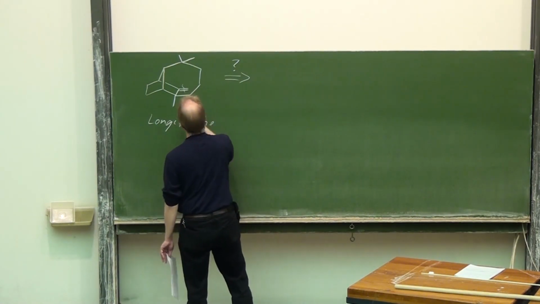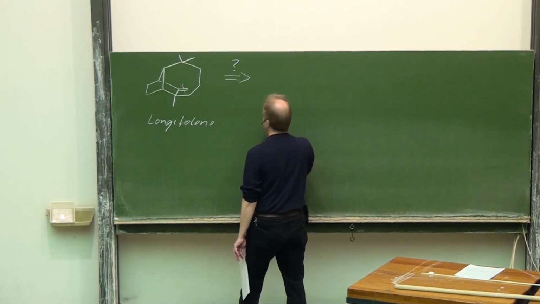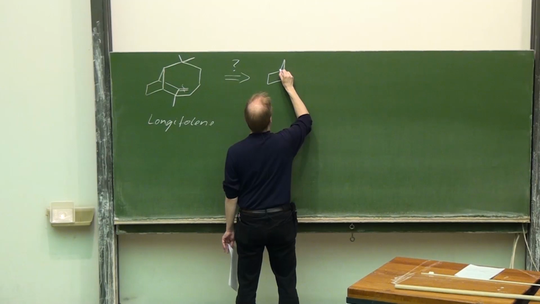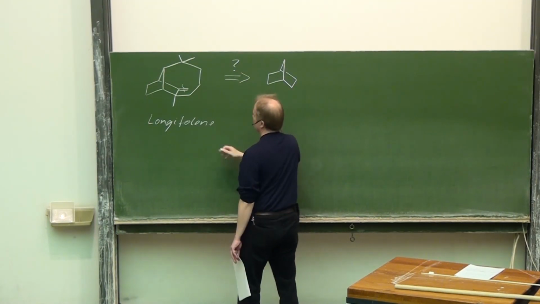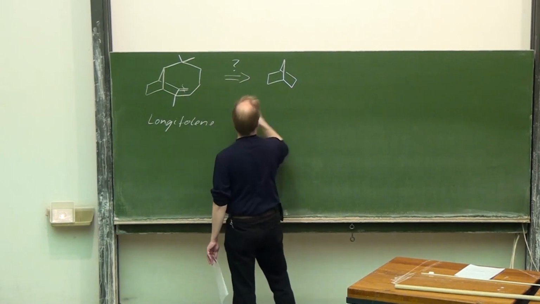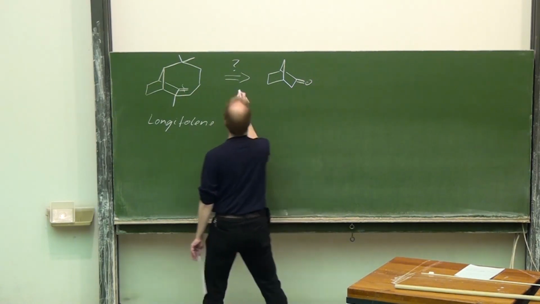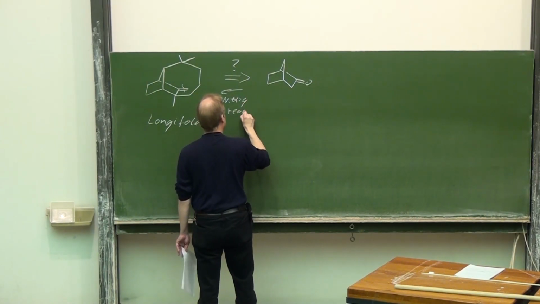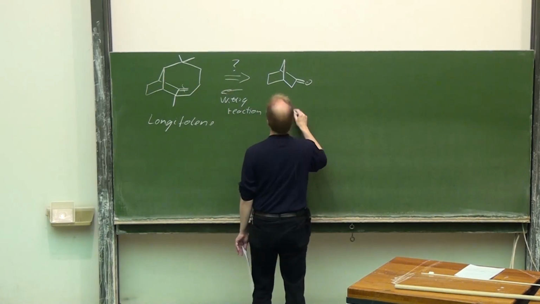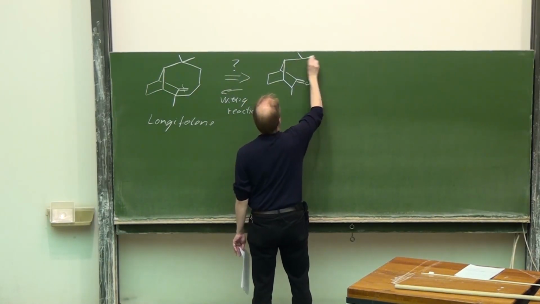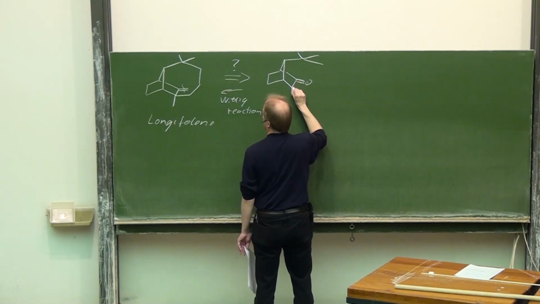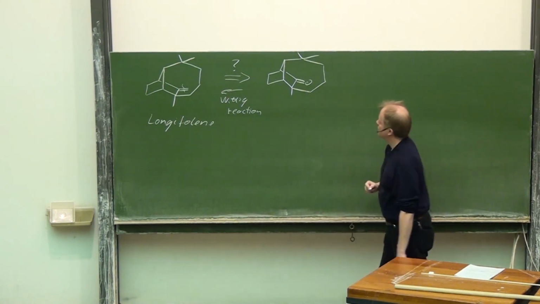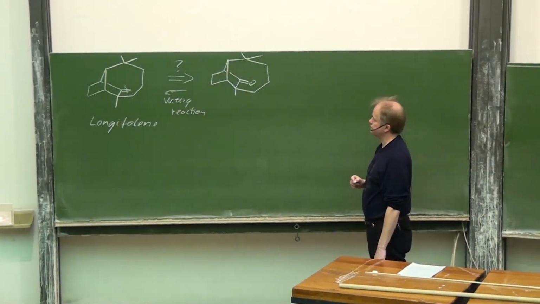So the first step is thinking about the transformation here, having a carbonyl there. A Wittig reaction should be rather reliable, to get to this structure.